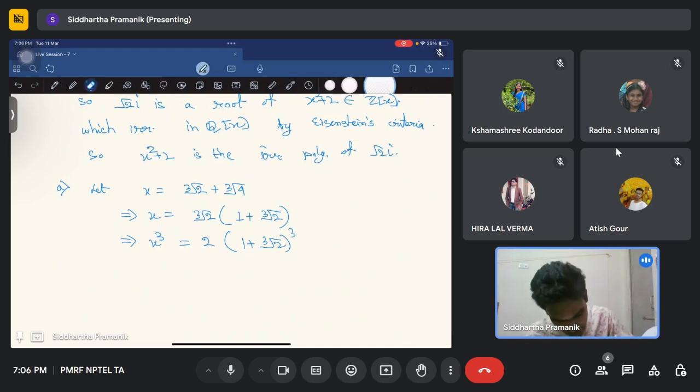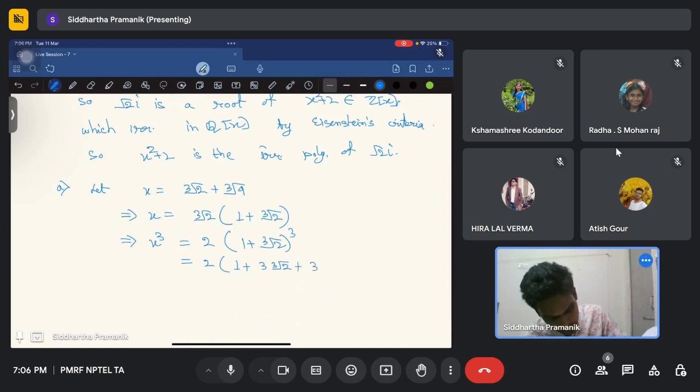Now let's break this. From this you will get 1 plus 3 times cube root of 2 plus 3 times 2 power 2 by 3, right?